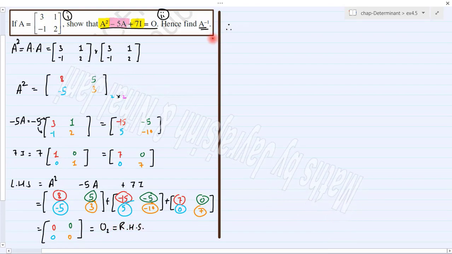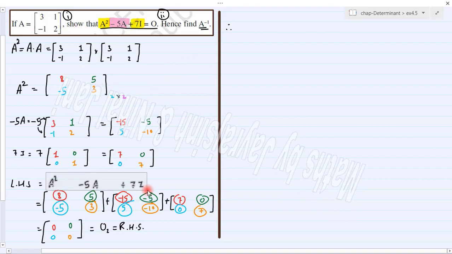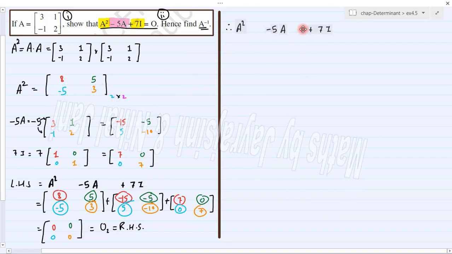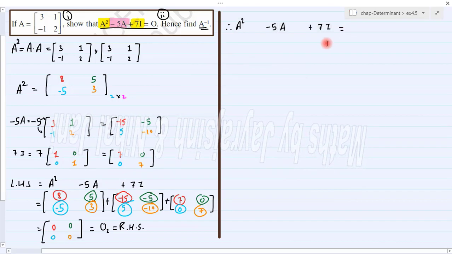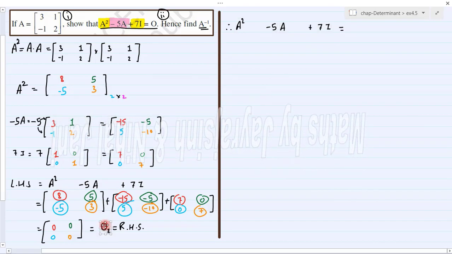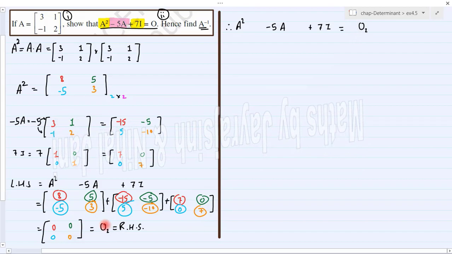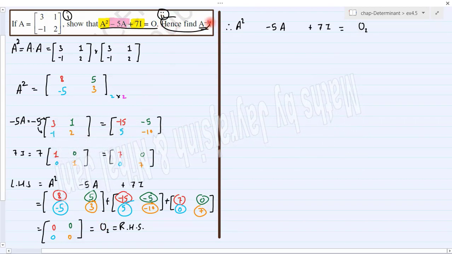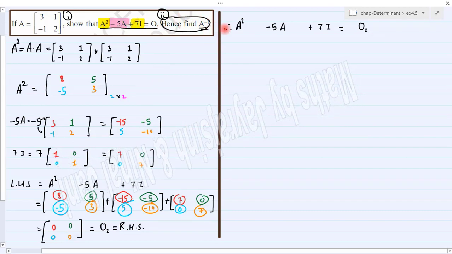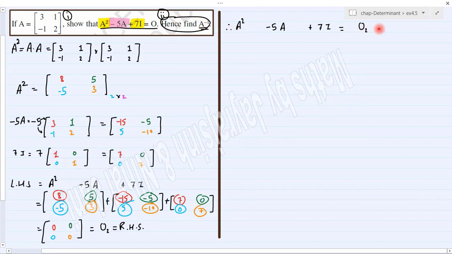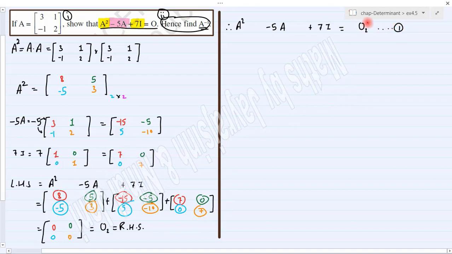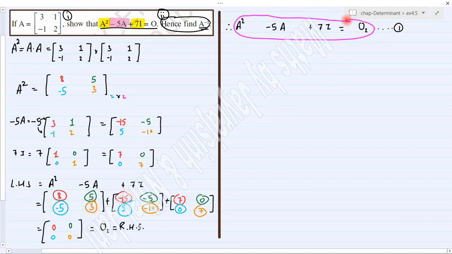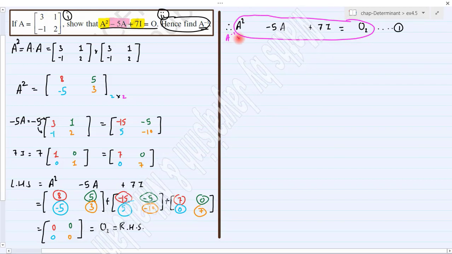So we can say your left hand side, which is A square minus 5A plus 7I, is equal to your right hand side. Hence proved. Now let's move to the second part of the question, in which we have to find A inverse using your equation number 1. And for that, let's multiply your entire equation with A inverse.